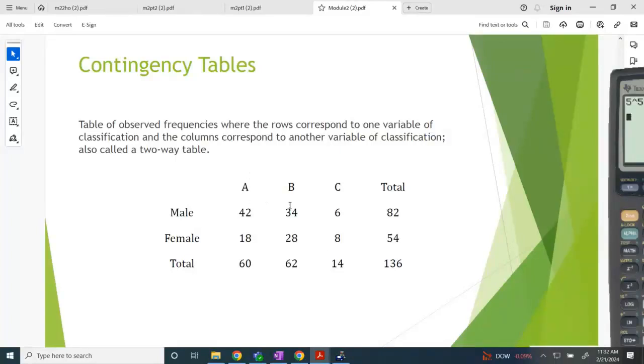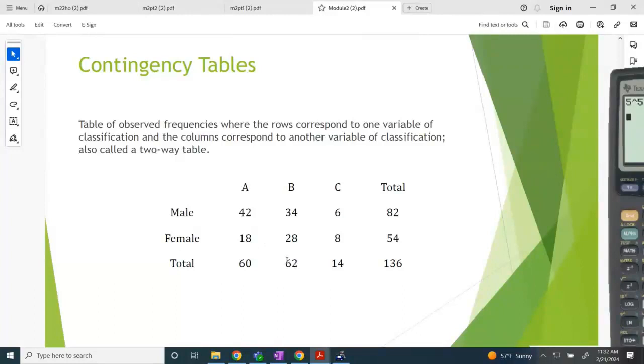As far as the columns are concerned, the variable of classification for the column is a letter grade, A through C, right? A, B, and C. And if you look at the columns, notice that there are also column totals, right? So there are a total of 60 A's, 42 males made A's, 18 females made A's.